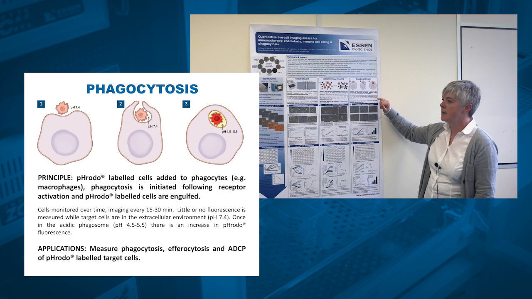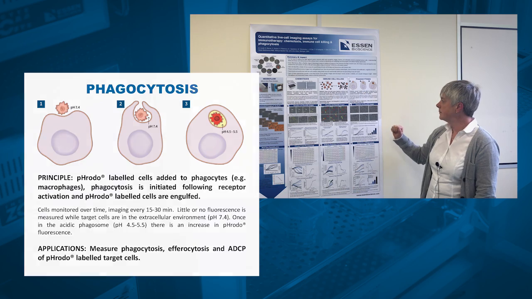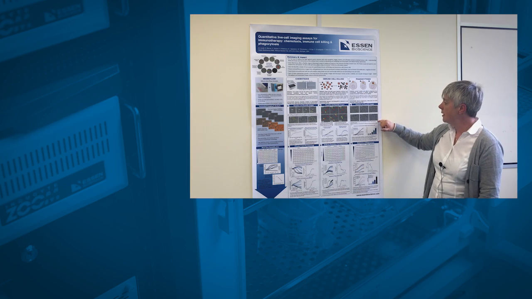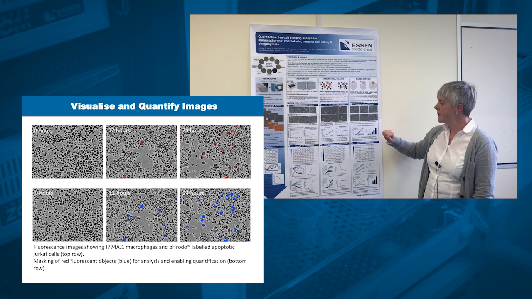And this assay can be set up with either Frodo labeled bioparticles or Frodo labeled apoptotic cells. The images here are data shown with a mouse macrophage cell line in combination with Frodo labeled apoptotic Jurkat cells.